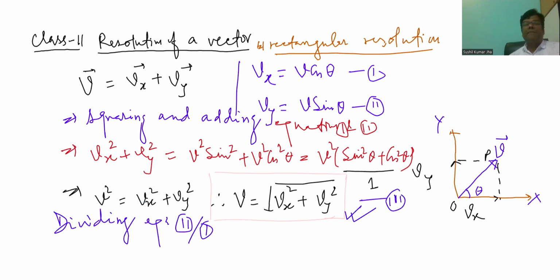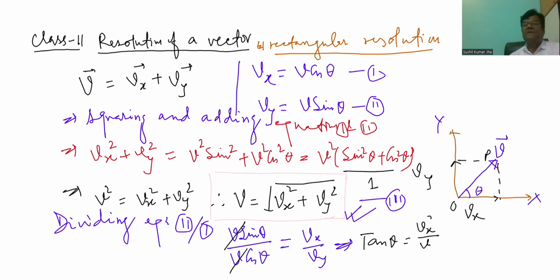It will be V sin theta upon V cos theta is equal to Vy upon Vx, which means V तो cancel हो गया, तो sin by cos is tan, so tan theta is Vy divided by Vx, which means if you want theta, value of theta, it can be tan inverse of Vy upon Vx, right?